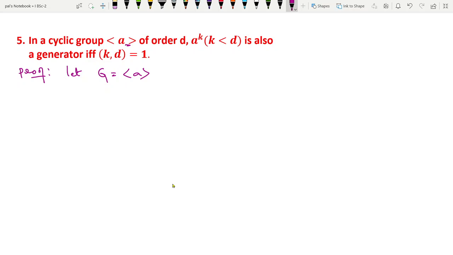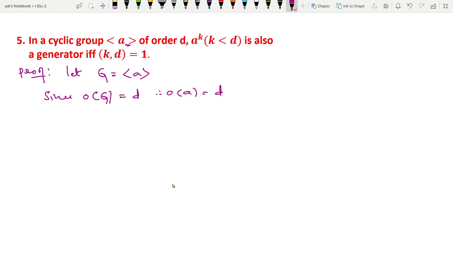So according to the third property, ಒಂದು cyclic group ಅಂದ್ರೆ group ನ order ಎಷ್ಟಿರುತ್ತೆ ಅದರ generator order ಕೂಡ same ಇರುತ್ತೆ. Since the order of G is d, which implies that the order of the element a is also d.